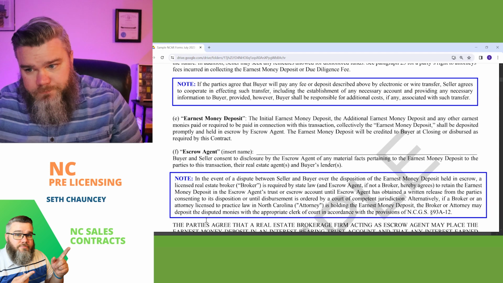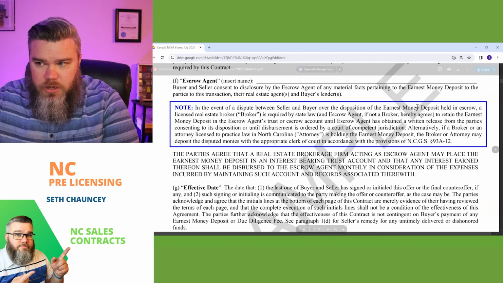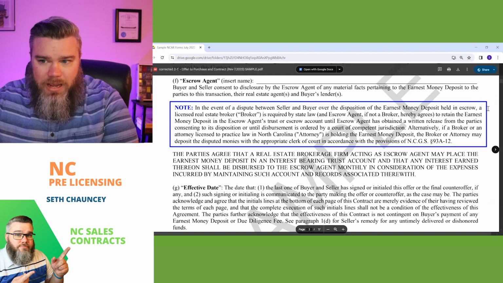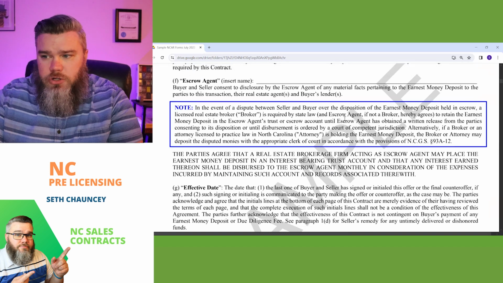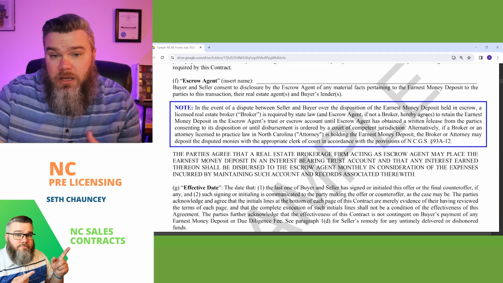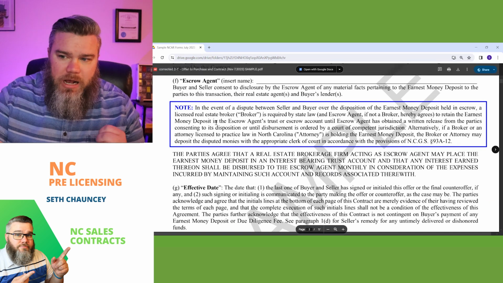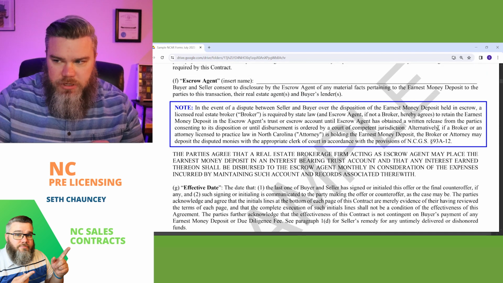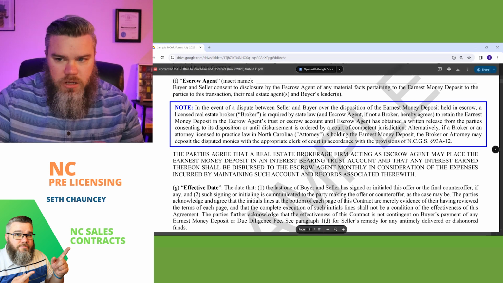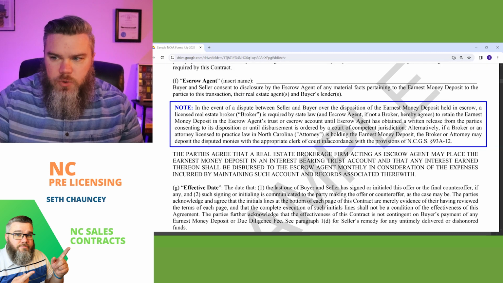So look right here. In the event of a dispute between seller and buyer over the disposition of the earnest money deposit held in escrow, a licensed real estate broker is required by state law, and an escrow agent, if not a broker, hereby agrees, meaning an attorney holding it agrees, to retain the earnest money deposit in the escrow agent's trust or escrow account until escrow agent has obtained a written release from the parties consenting to its disposition, or until disbursement is ordered by a court of competent jurisdiction.